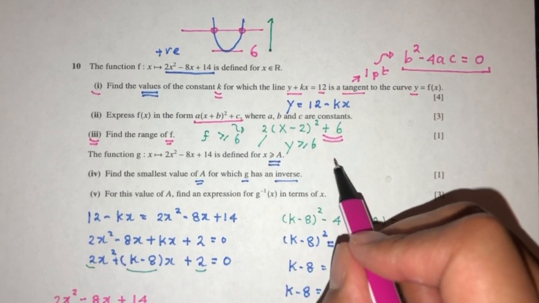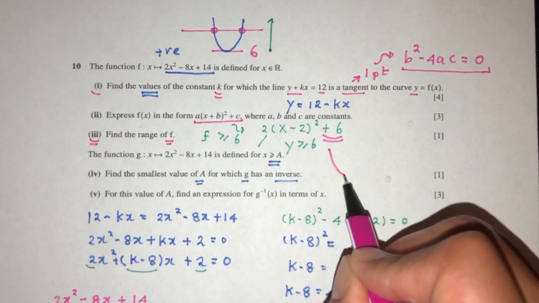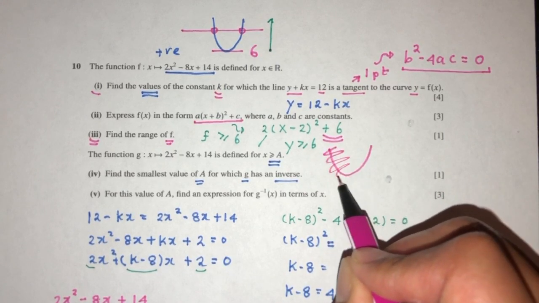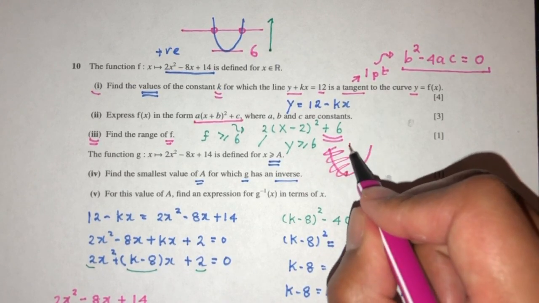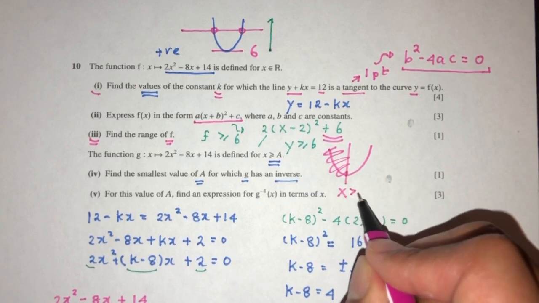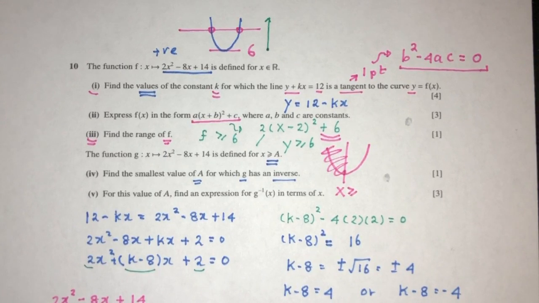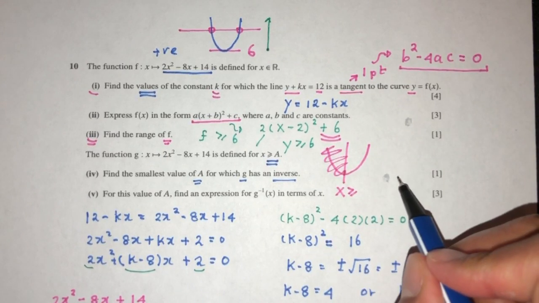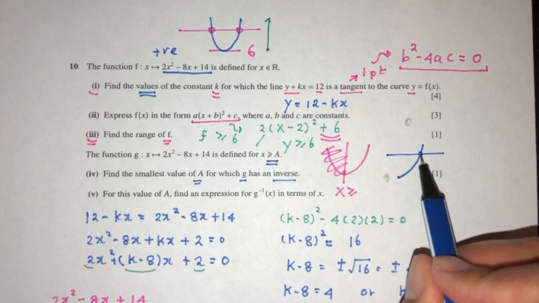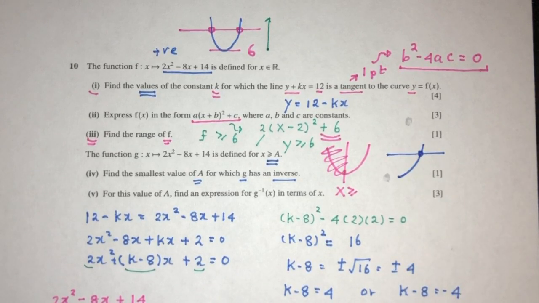For example, I can remove this whole side of the curve by restricting x to start from this point, so that I only have this part of the graph. And when I draw a line, I'll have only one point of intersection, and that will make this a one-to-one function and hence have an inverse.